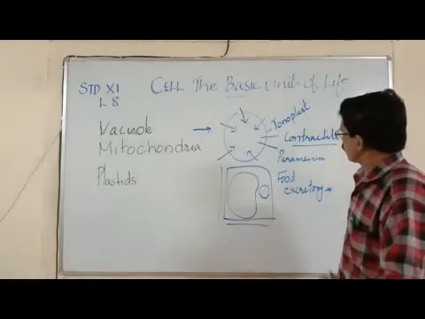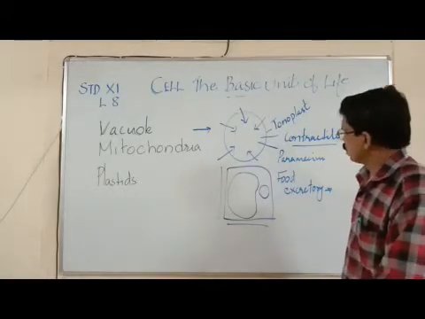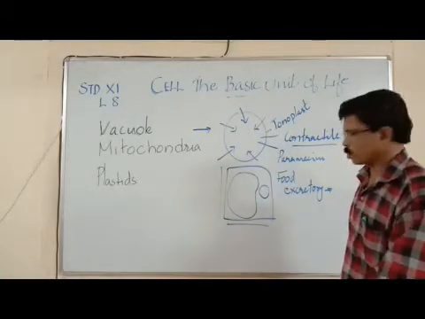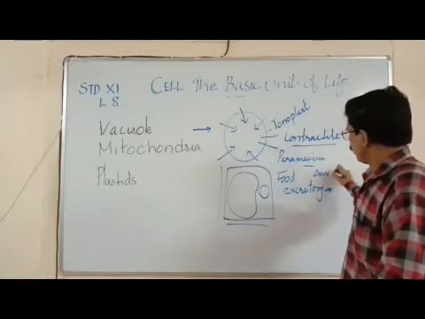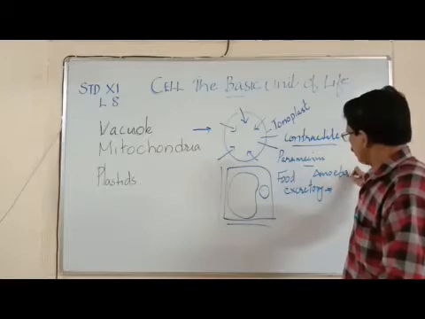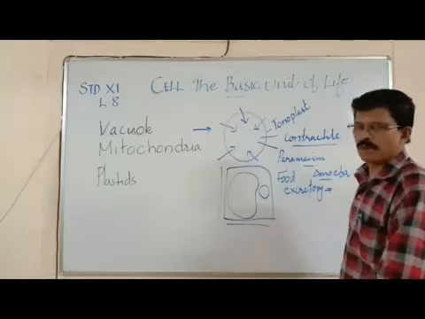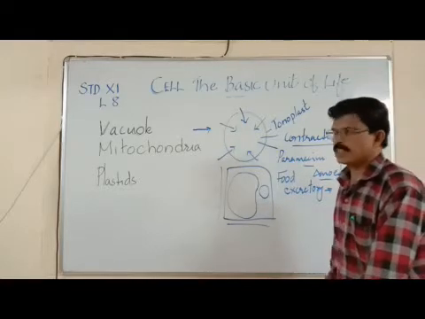So contractile vacuoles are found mainly in paramecium-like protozoans, whereas in amoeba you can see the food vacuole. They are excretory in function. So there are different aspects of this vacuole.